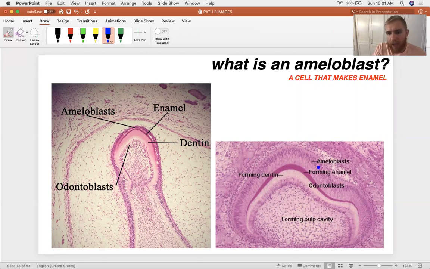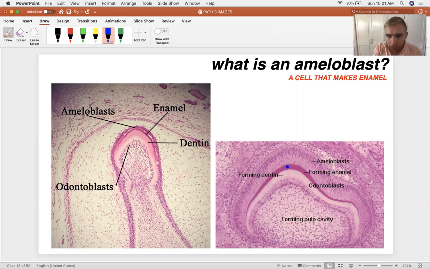And the ameloblasts are going to sit on top of a layer of enamel. And then when a tooth is all done forming, ready to go, right? Ready to roll off the lot, the ameloblasts just die. They're done. And then you're left with enamel on the outside of a tooth. But until that enamel's done forming, you've got ameloblasts on the outside. And this is whenever a tooth is down within the gums, right?